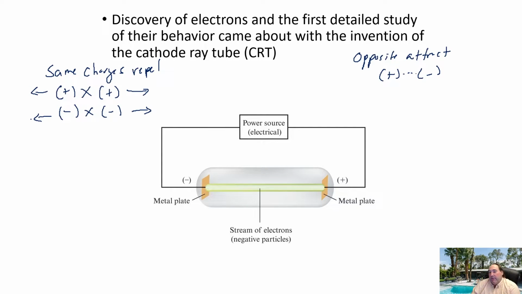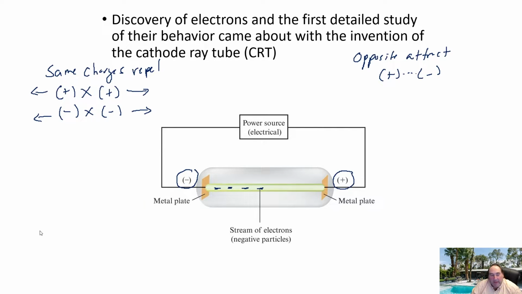So the cathode ray tube is a tube that basically shoots negatively charged particles, like we have here, this little stream of negatively charged particles like electrons. And it also has an electrical field, so there's a negative side and a positive side.